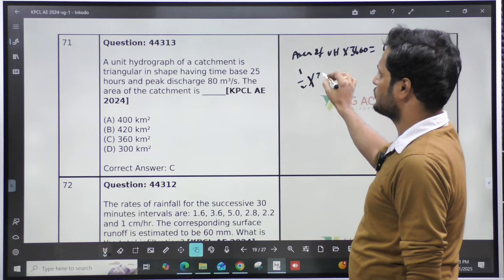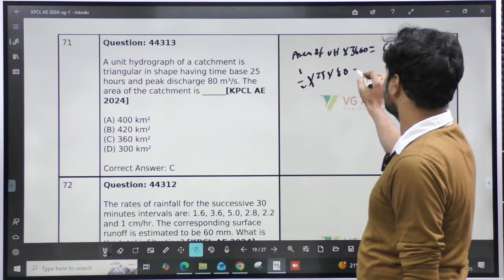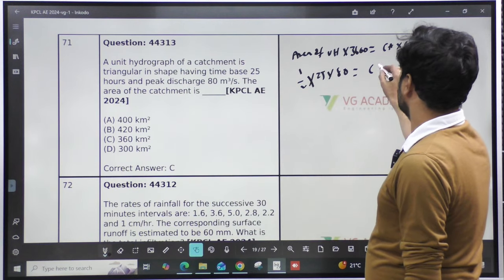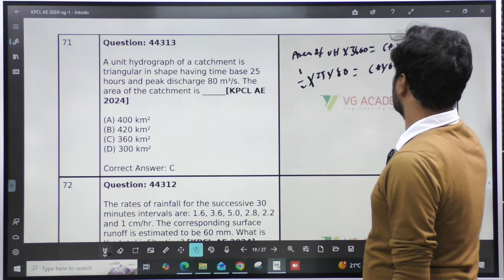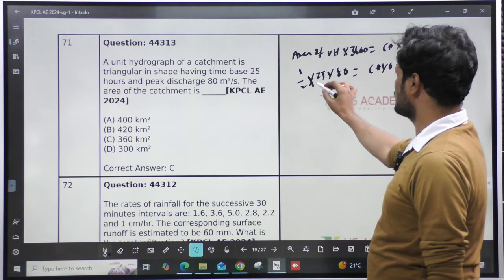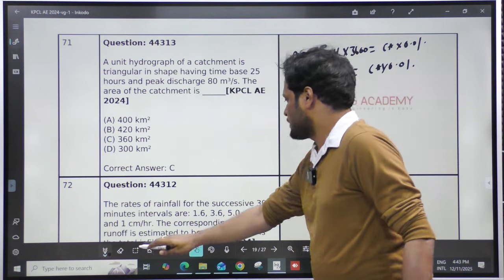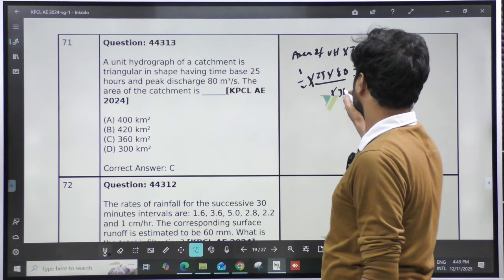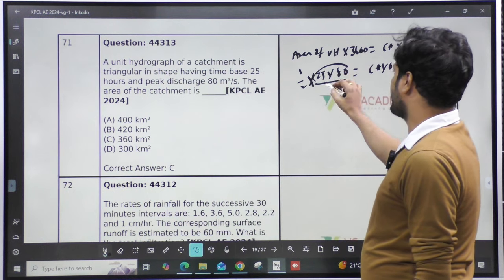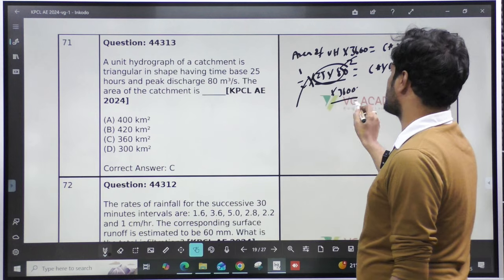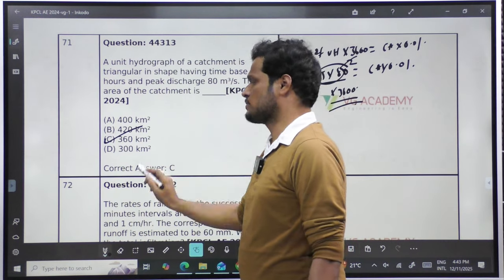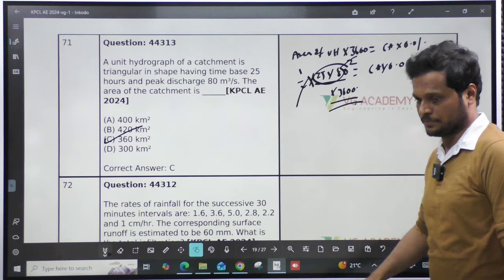So half of 25 into 80 is equal to catchment area into 0.01. So 25 into 3600. So 25 eights are 200, 2 cancel, answer will be in terms of 36. So only possible option C.